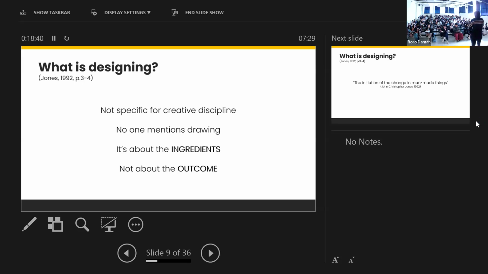Solving problems is. That's why when people in, say, business school talk about design thinking in solving, for example, how to capture the market of Gen Z, they use design thinking, they don't use drawings, because the act of design is the problem solving itself. It's about the ingredient, not about the outcome.